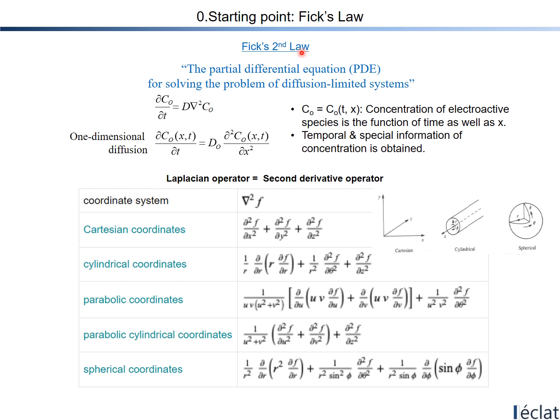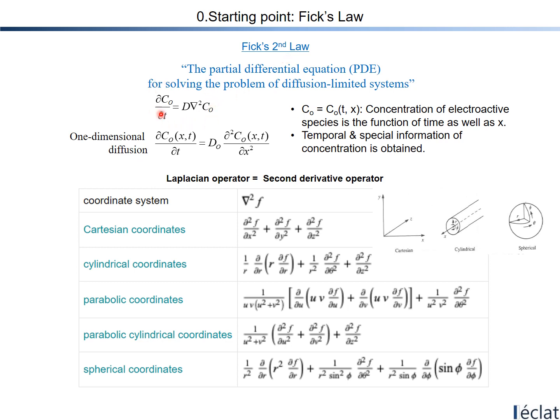As I said, Fick's first law is just the definition of current. However, from Fick's second law, you can obtain the solution for the concentration profile. By using the concentration profile obtained from the second law, you can get the values of current by using Fick's first law.